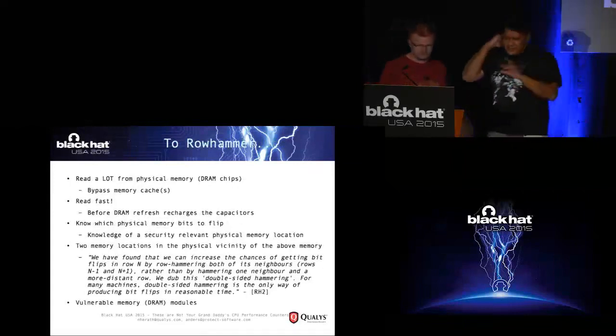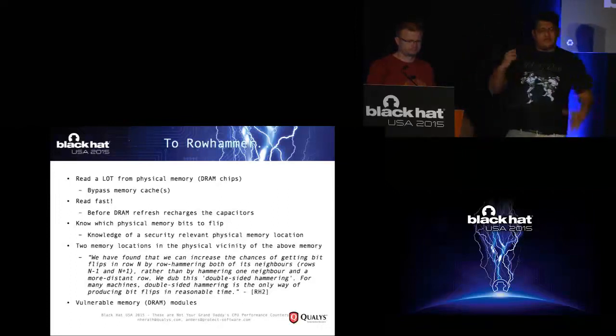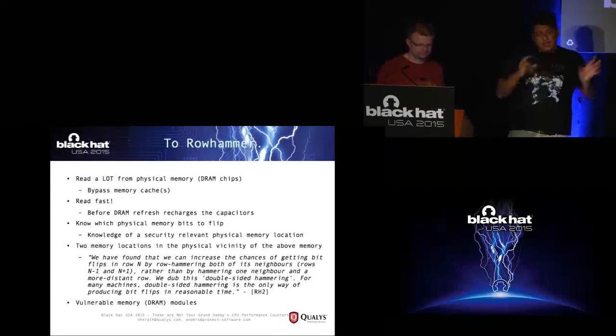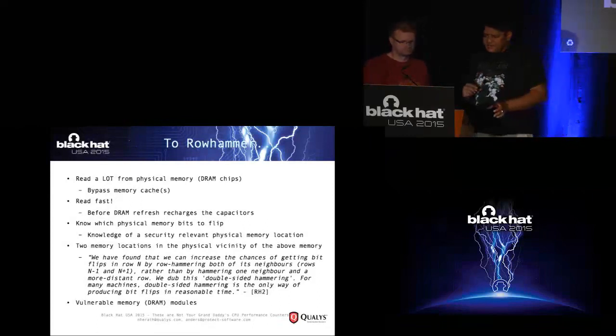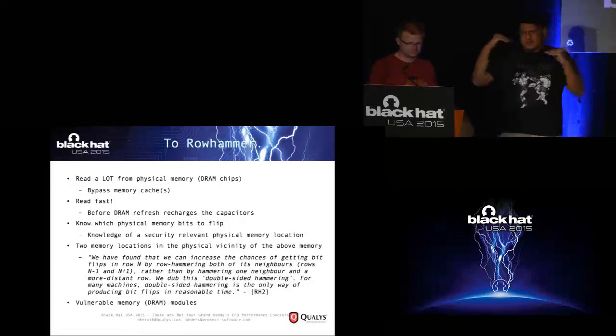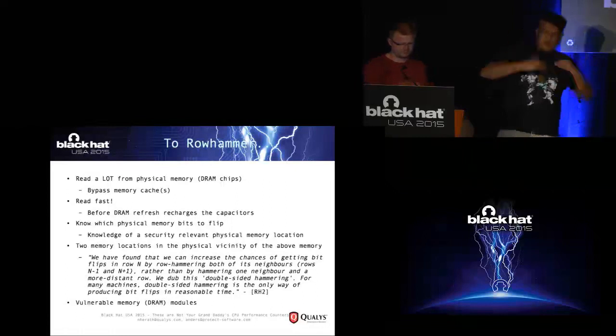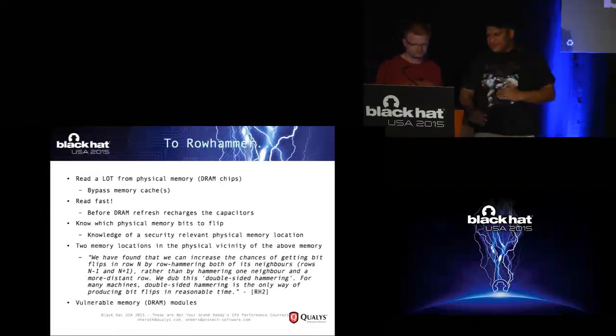So in a nutshell, to cause rowhammer issues, you have to read a lot of physical memory from RAM, which means that you have to bypass any CPU caching. You're going to read fast before the DRAM refreshes, so within a refresh interval. Then you need to know which memory address to read to cause the bit flips in adjacent memory in areas that are significant in terms of crossing privilege boundaries.